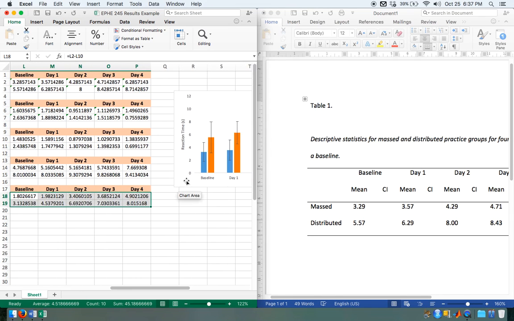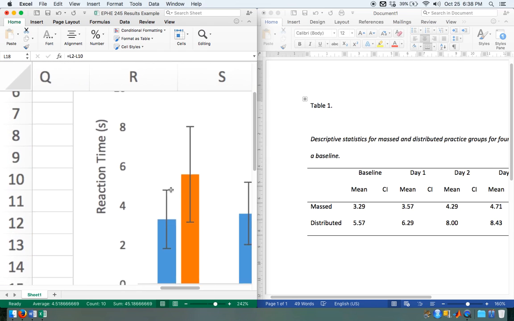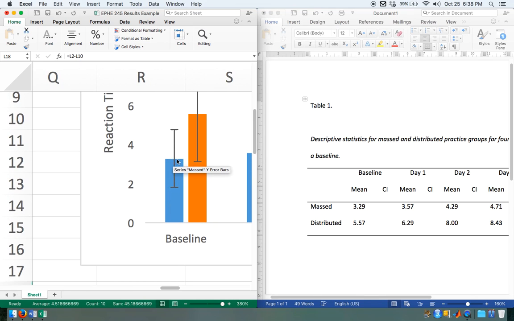So basically, I was talking about what a confidence interval is earlier. Let's look at it a little bit closer to here. So our mean reaction time for the baseline in the mass group here is this column right here, or the top of this bar. But being a sample, this might not accurately represent the population.